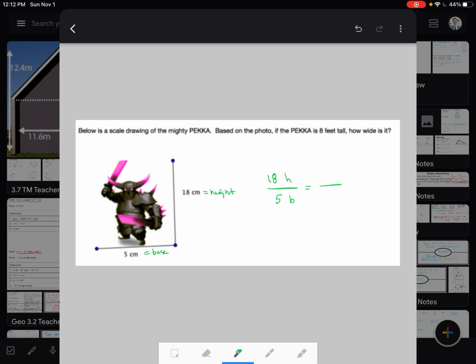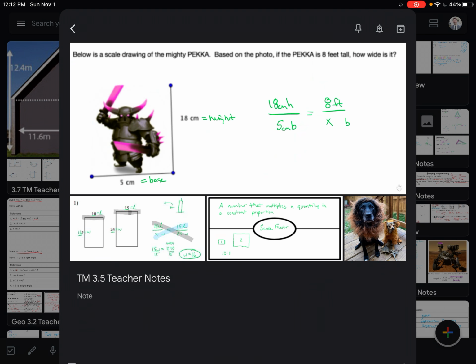So 18 is our height, 5 is our base, and they're telling us that it's 8 feet tall. Now we need to find how wide it is, or x, for our base value. Again, another proportion that we can set up and solve for, with that same idea of having the base and height lined up directly across from each other.